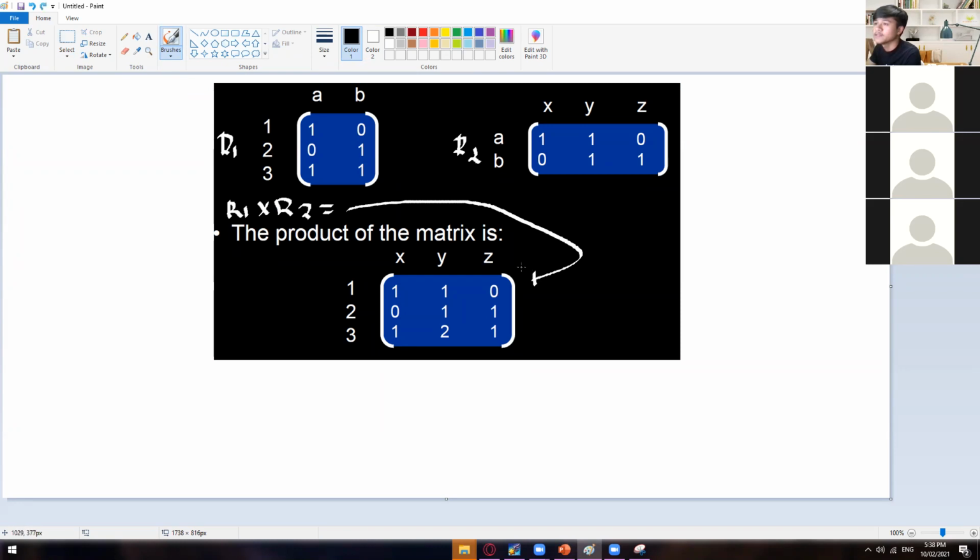Okay. So first, you have to know the sizes of each of your matrices. So question number 1, what is the size of your R1? Anyone who knows how to read the matrix sizes?